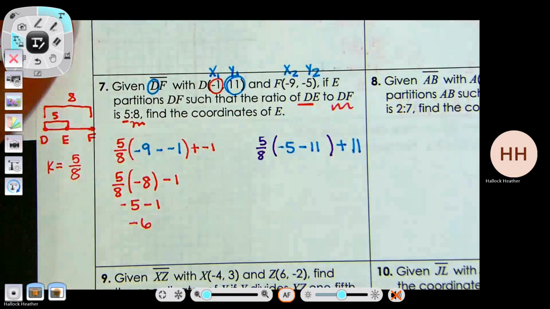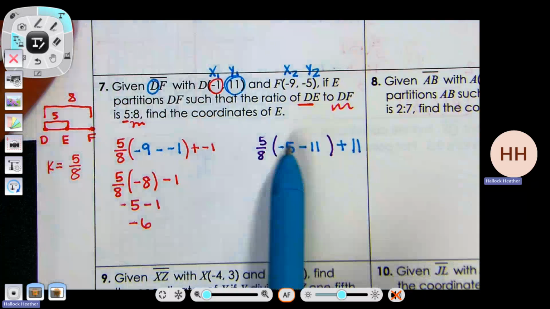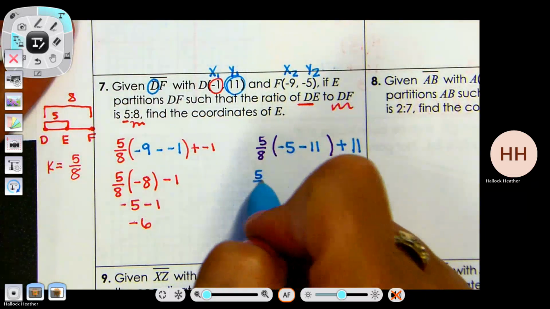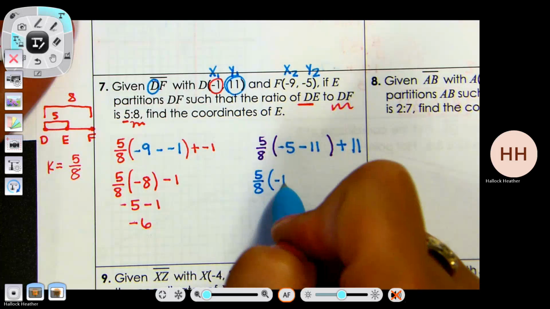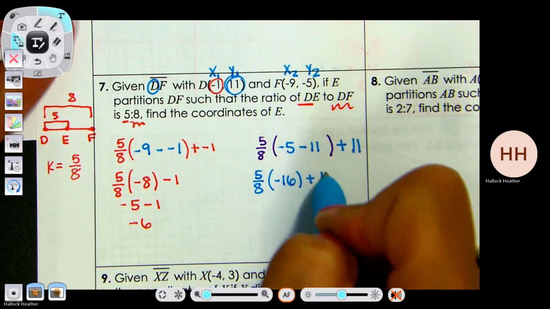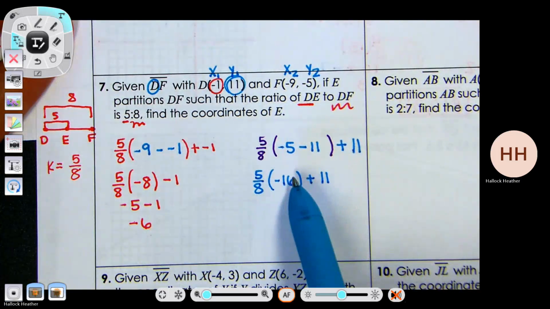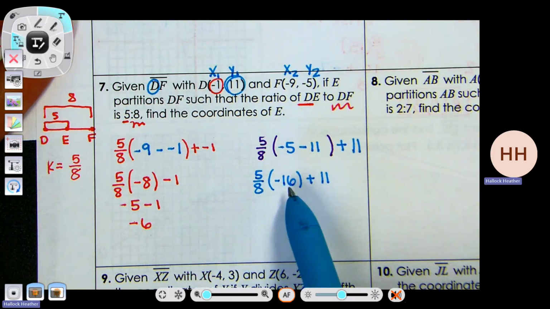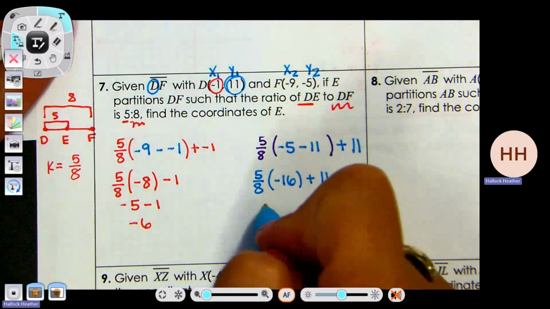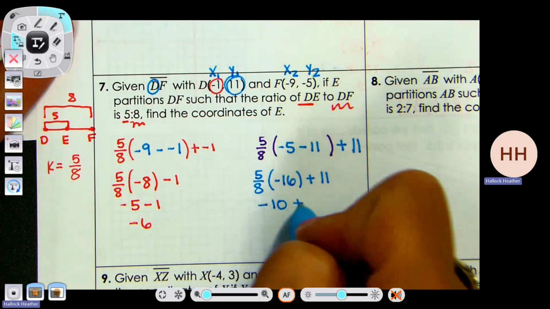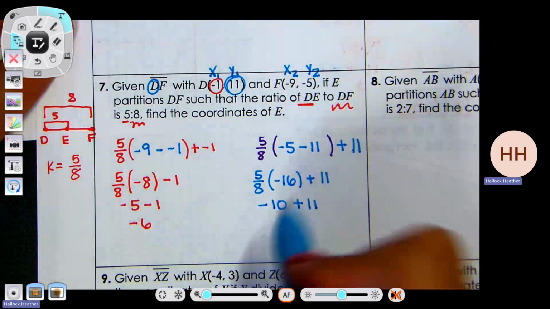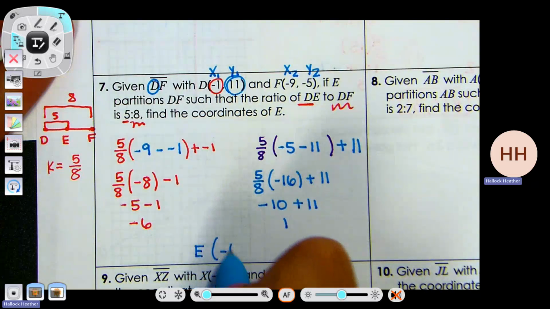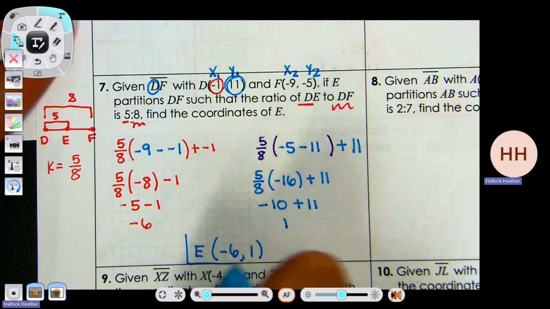At 11. So now I simplify. PEMDAS for life. -5 minus 11 is -16. What is 5/8 times -16? -10. And I add 11 to get 1. So your point E is at -6, 1.